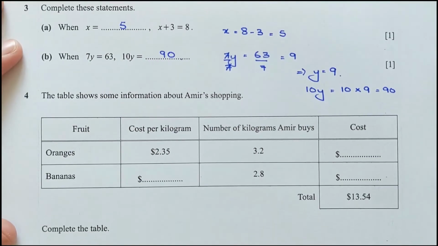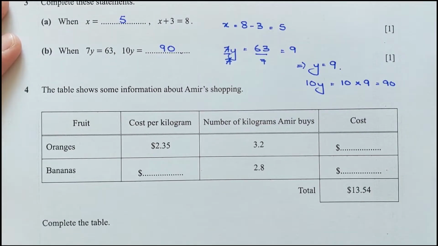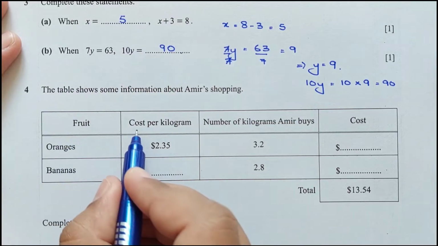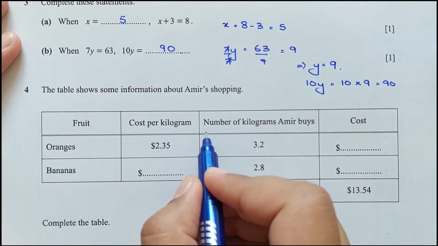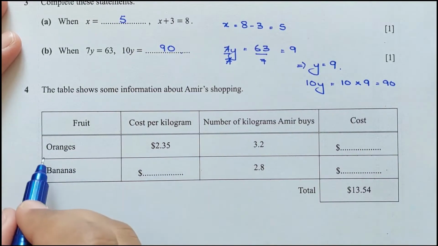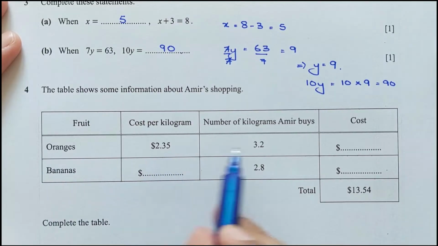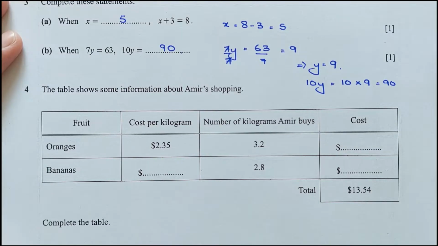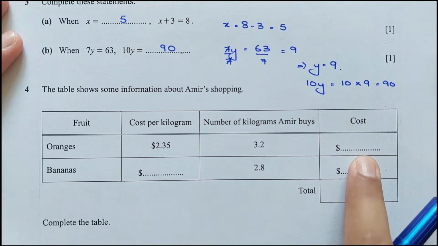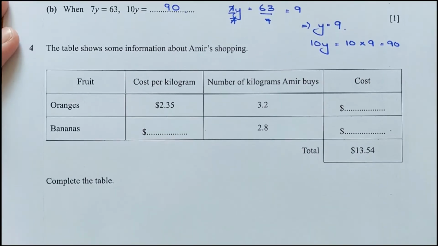Question number 4, the table shows some information about Amir's shopping: fruit, cost per kilogram, number of kilograms Amir buys, and the cost. We have oranges. The cost per kilogram is given and the number of kilograms Amir buys is given. We have to find the total cost of oranges, so we have to complete the table.